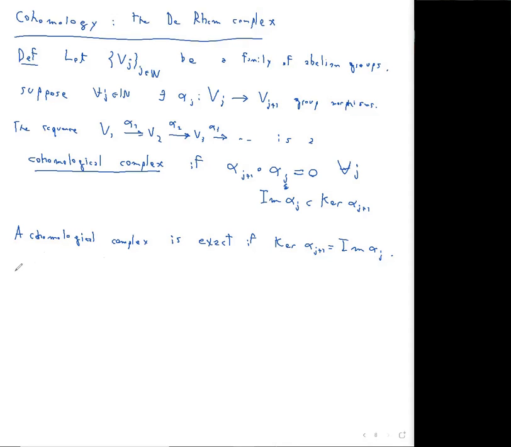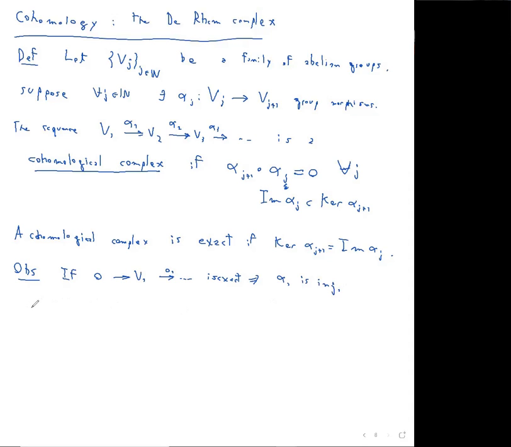And let's just look at a few observations. Every time we have an exact sequence, it's important to look at zeros. So for instance, if we have 0 goes into V1 and then we have alpha 1 and then blah, blah, blah is exact, then what this means is that alpha 1 is injective.